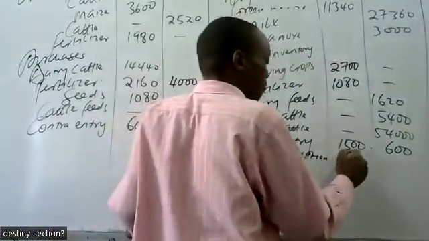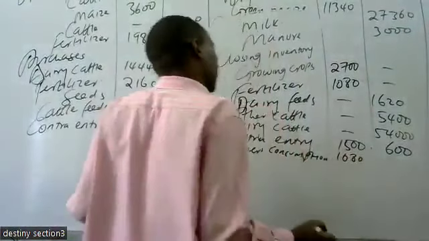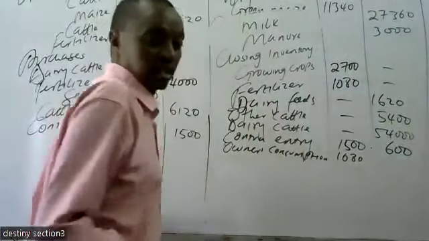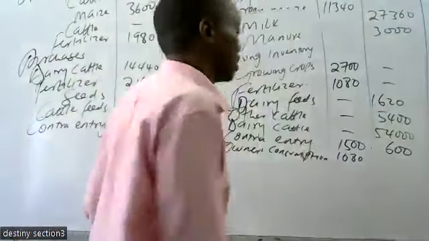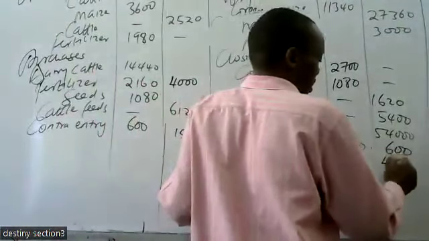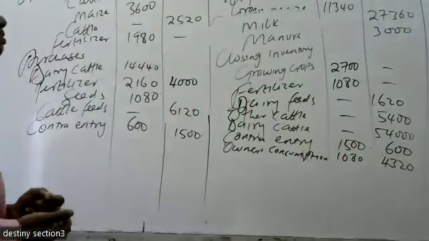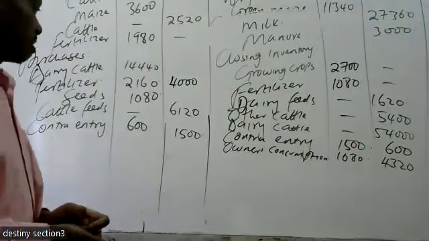Maize 1080, that is crop. And then livestock, I think it was milk to relatives, 4320. Thank you. I like the way we are moving on. We are understanding very well.